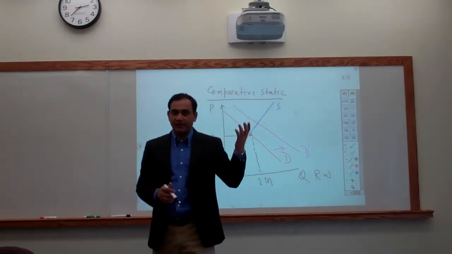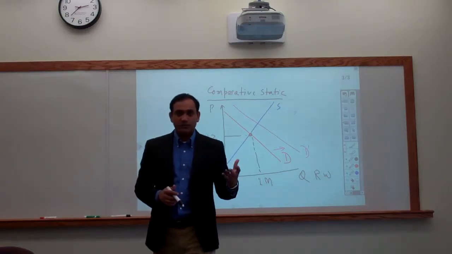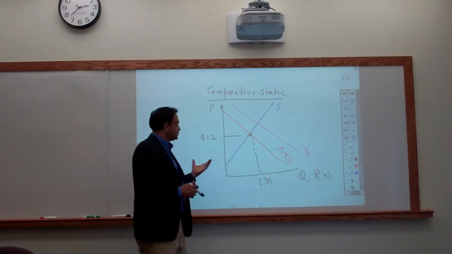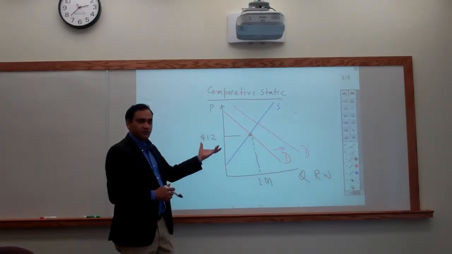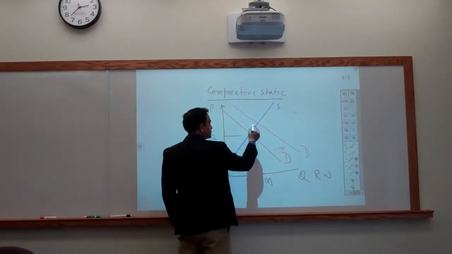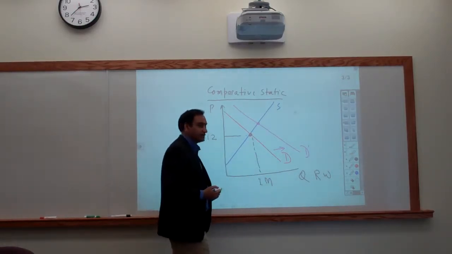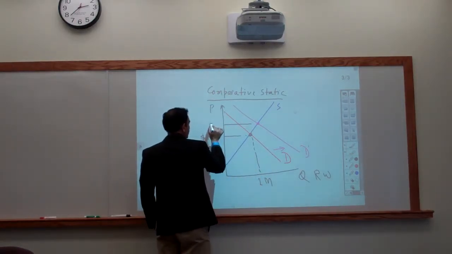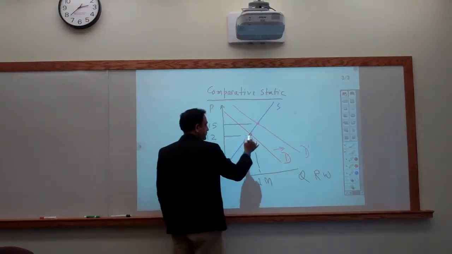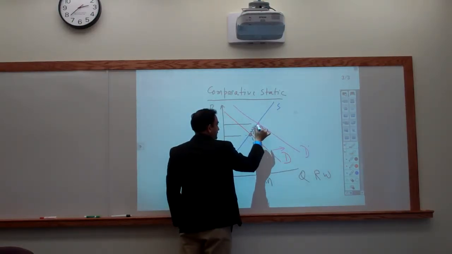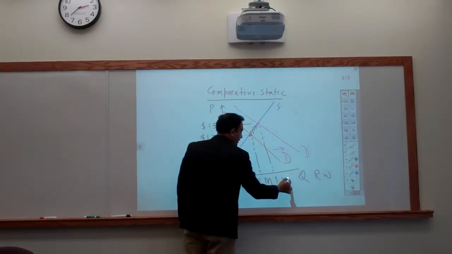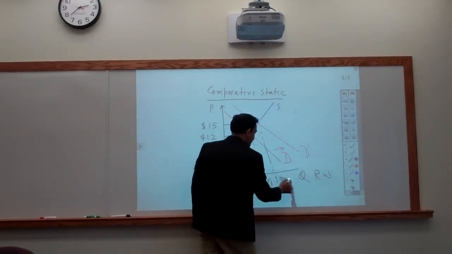None of the 6 factors that we kept constant when we drew supply for red wine are changing. So if nothing happens to supply, what happens to the price? Price will rise to maybe $15, some higher number, hypothetical. So you're moving along the supply curve to this point. That's your new equilibrium in the market. And maybe 1.5 million bottles would be sold in equilibrium.